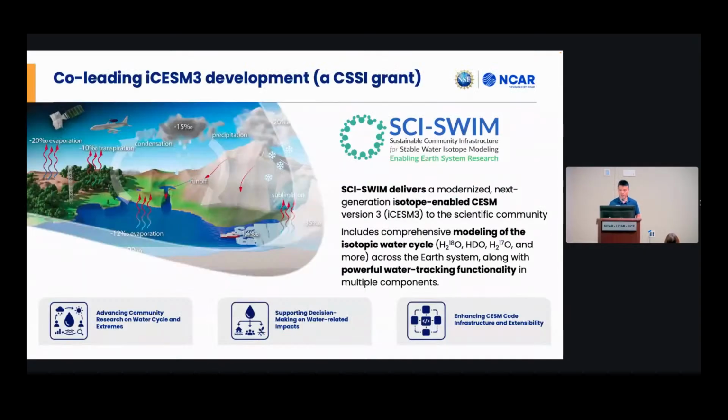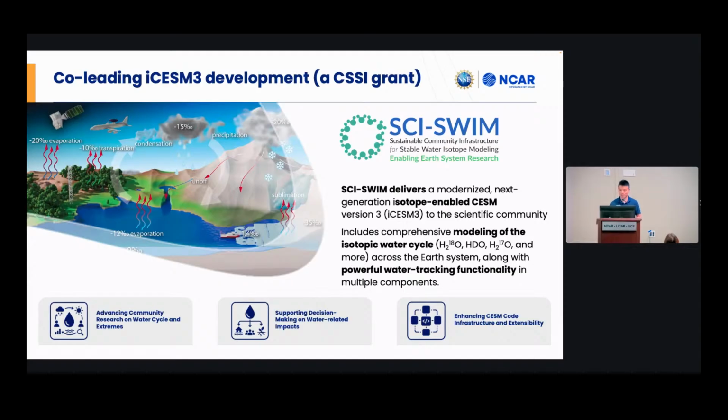One more highlight, I want to show this again. You have already seen this slide from Dave's talk. We are co-leading the development of isotopes in CESM3, and it will use the modernized code structure. So hopefully from now on, the isotope code will stay in the main branch of CESM.